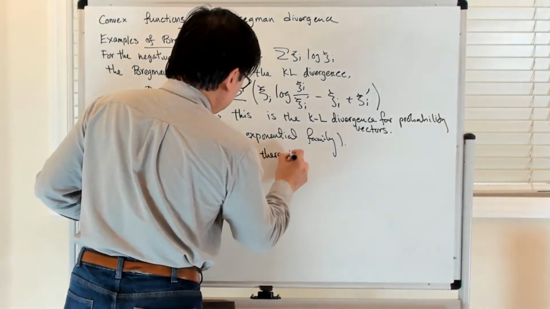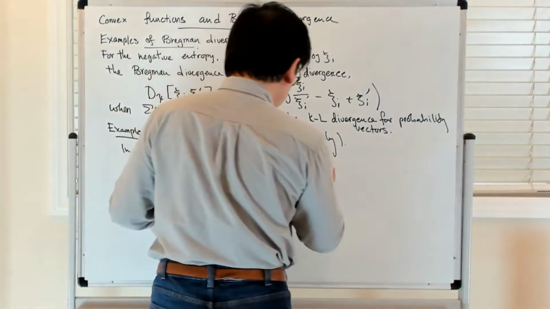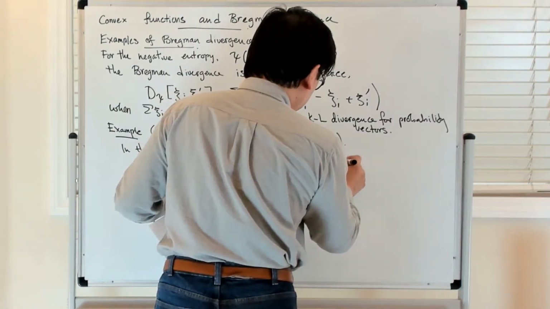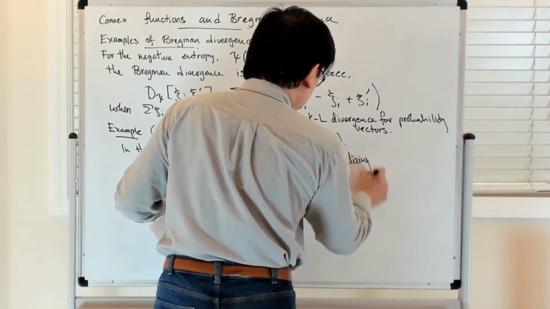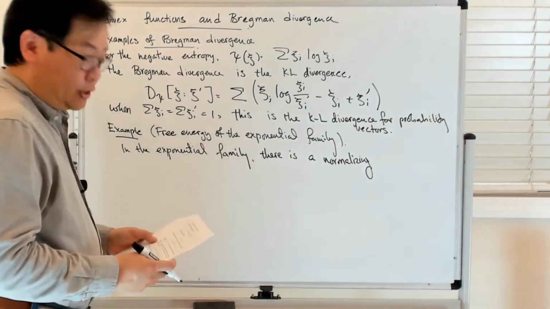And the normalizing factor, as the name implies, ensures that it actually is a probability distribution.